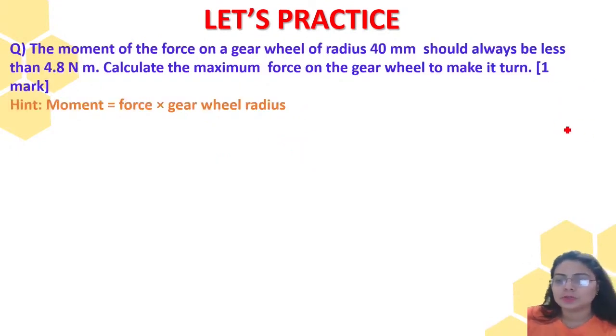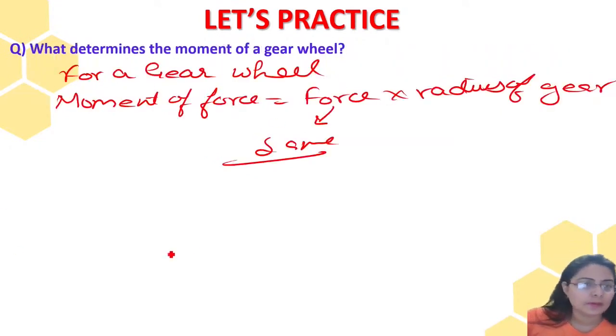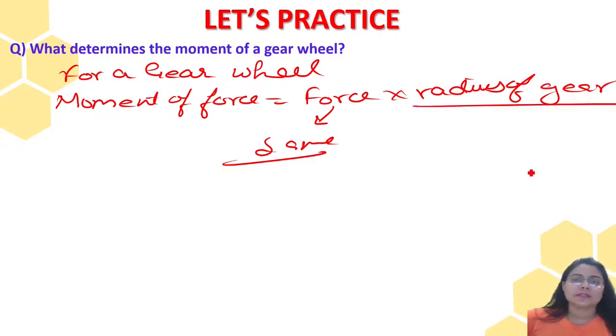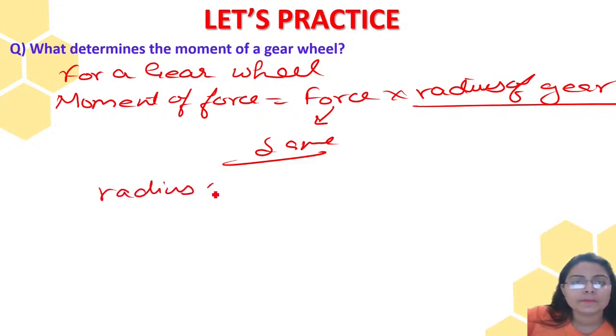For finding out the change in the moment of a gear wheel, we can just focus on the radius. That means we can say that the radius of the gear wheel is required.